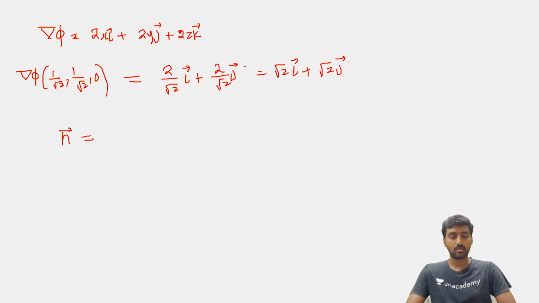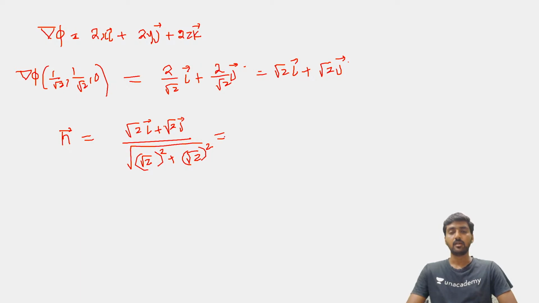Root 2 i vector plus root 2 j vector divided by the root of (root 2) whole square plus (root 2) whole square, which is root of 2 plus 2.